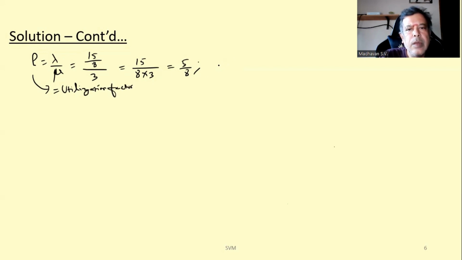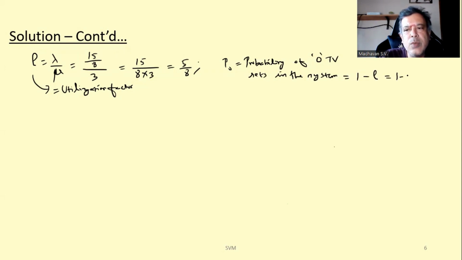Therefore, P naught, that means probability of 0 TV sets in the system, will be 1 minus the utilization factor, 1 minus rho, which is 1 minus 5 by 8, we get 3 by 8.